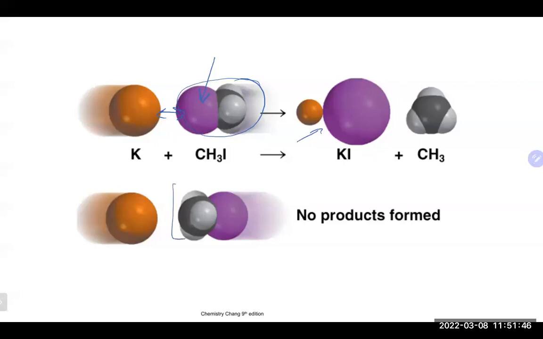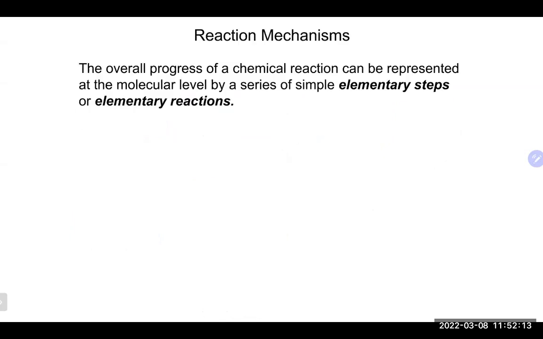We have the same sort of collision, but it's the carbon side that comes in. That is not the correct side for that reaction. It's just a reminder that sometimes people think all you need is for molecules to come in contact with each other, and it's guaranteed that you will form products. But there are really two important aspects: the right amount of energy and the right location where everything collides with each other in order for products to actually be formed.